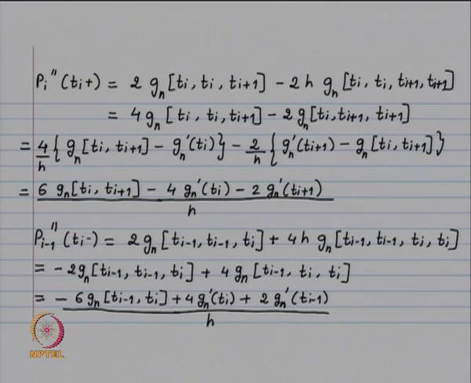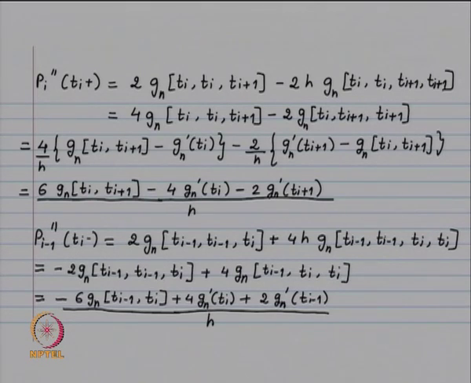Do the simplifications and you get the second derivative to be 6 times the divided difference based on t_i, t_{i+1}, minus 4 times g_n dash t_i minus 2 times g_n dash t_{i+1}, divided by h. The simplification of p_{i-1} double dash at t_i minus gives us minus 6 times g_n[t_{i-1}, t_i] plus 4 times g_n dash t_i plus 2 times g_n dash t_{i-1}, divided by h.